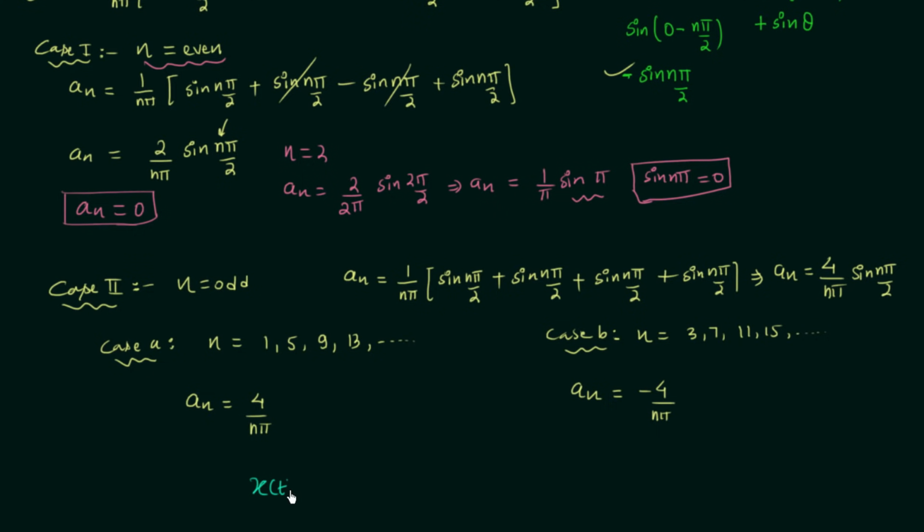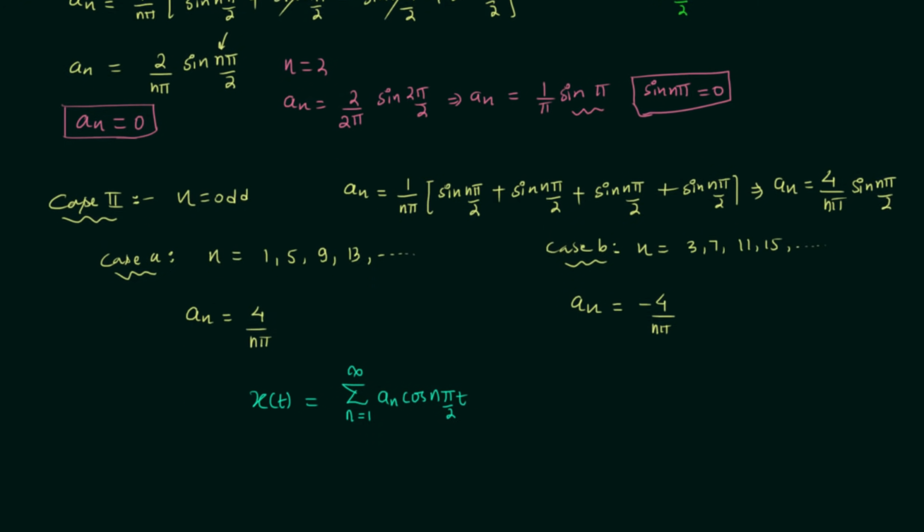So xt is equal to summation n equal to 1 to infinity an cos n omega naught t. Omega naught is equal to pi by 2, so we have cos n pi by 2 t. Now we will expand it by putting the different values of n. First we will find out the value when n is equal to 1.